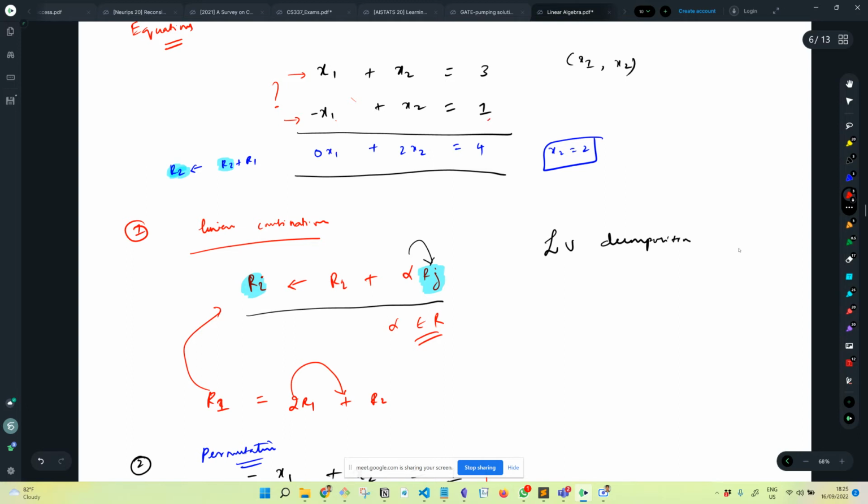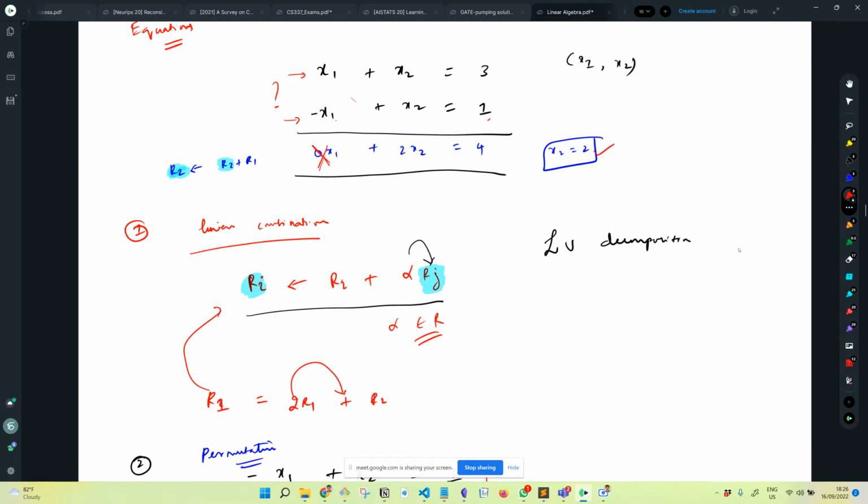To obtain the solution, one possible step is to add r1 to r2. Why will you do that? Because when you do so, one variable gets eliminated: x1 minus x1 is 0. As a result, you will get one equation with one unknown, and we know how to solve one equation with one unknown. So when you do r2 equals r2 plus r1, you get 2x2 equals 4. From this you get x2 equals 2.